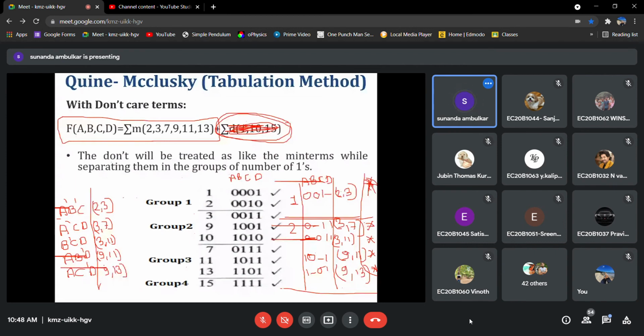Okay, we have done this. Now in the next column we have 2 3, 7, 9.